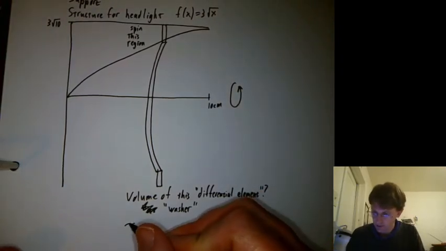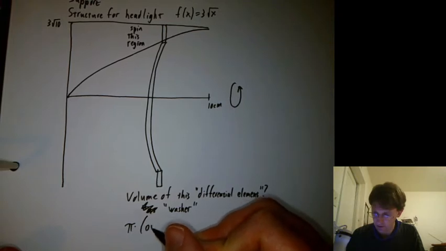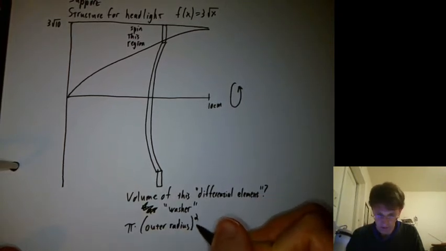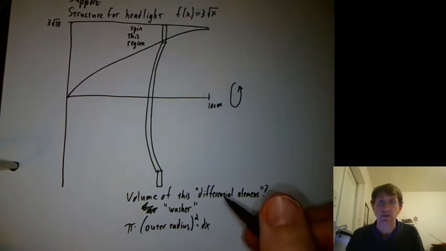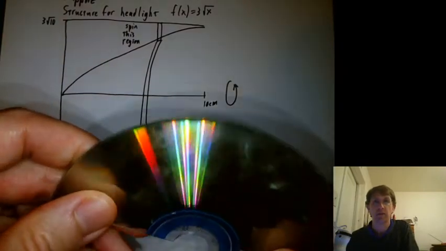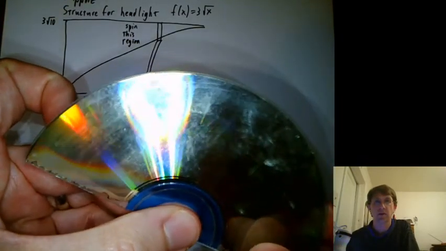So we could say it's pi times the outer radius squared times dx. So that's the volume of the entire disk. Imagine, ignore this hole in the middle.